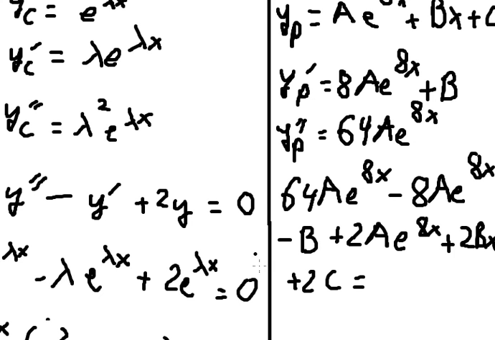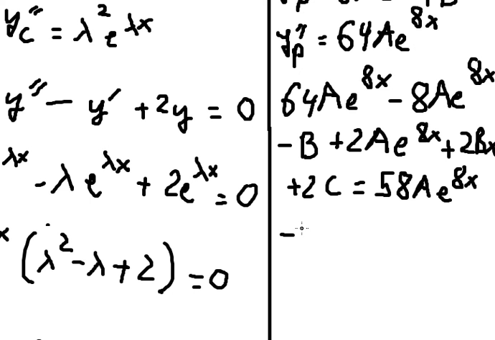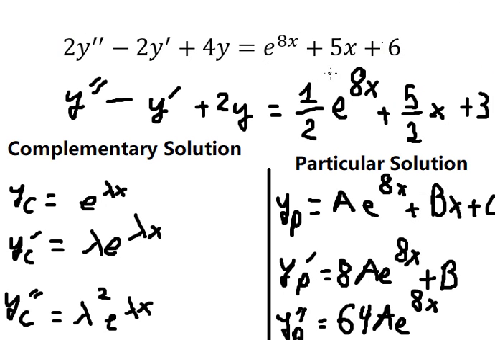And now we need to simplify this one, so we have A times the coefficient e to the power of ax, then negative B plus 2C, and we have 2Bx, and we know that we have this one in here.